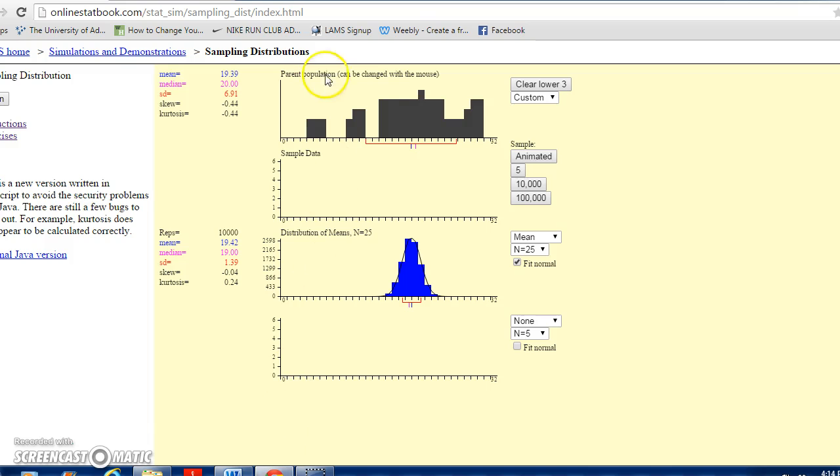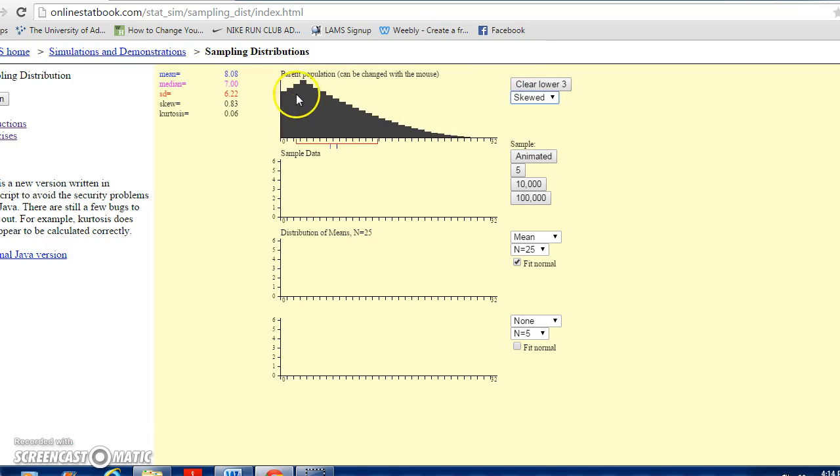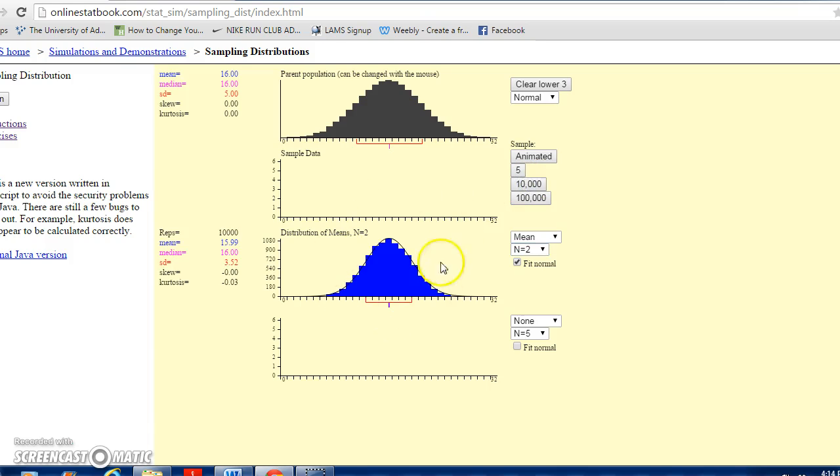So we can notice here that if we take a skewed distribution and we have sample sizes of 5, then this skewed distribution is affecting the skew here, so we need to go up to something more like 25 and we get something that better approximates a normal distribution. Whereas here, if we take something that's symmetrical, so a normal distribution, and we do it for something as small as n equals 2, then we notice that that's already normal there.